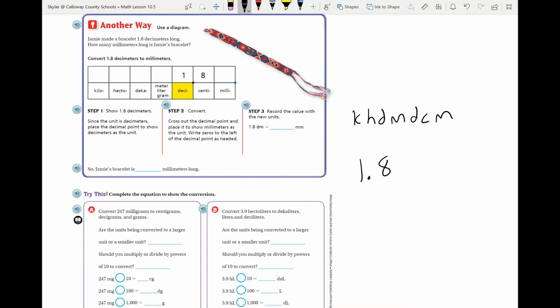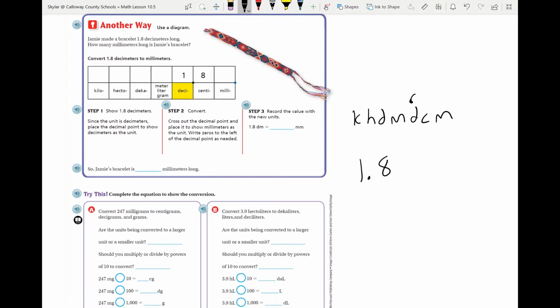Make sure that you know the difference between deci and deca. So, deca would be dA. Deci would just be D. Let's start here at decimeters. Remember, decameter is the bigger one, decimeter is the smaller one, and we're going to millimeters.